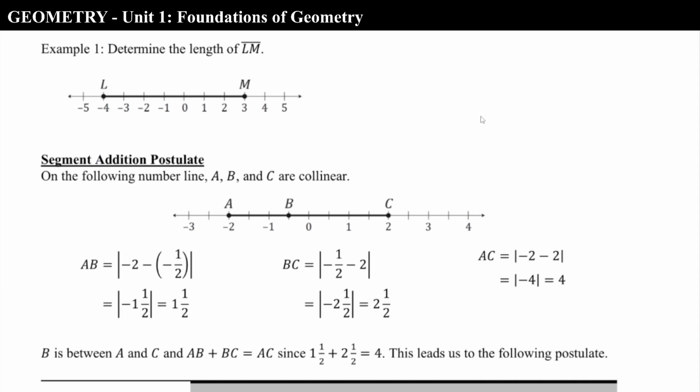So example 1, we're going to determine the length of segment LM. Well, we can count that, okay? So we can count it from here, starting from L, 1, 2, 3, 4, 5, 6, 7. So we know the answer is 7. Let's do this mathematically. So we have LM equals the absolute value of, let's just take the top number, 3, and we'll subtract negative 4.